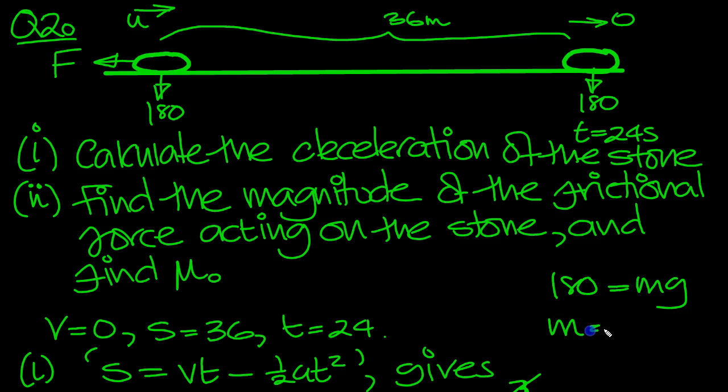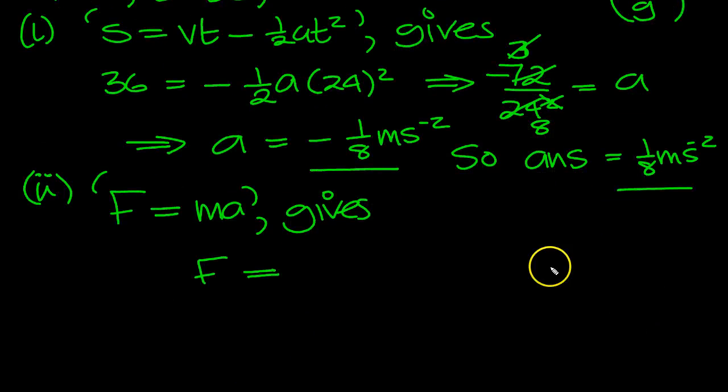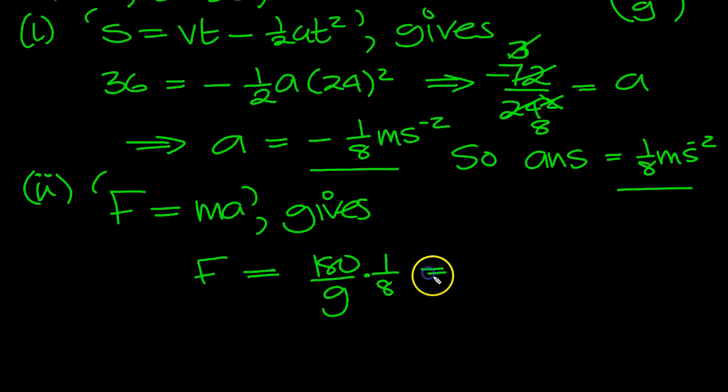So m is equal to 180 over g. So that's the mass then. So 180 over g times the acceleration, which is 1/8 as a deceleration. So that goes in 4 of these, 45 and 2. So it's 45 over 2g.